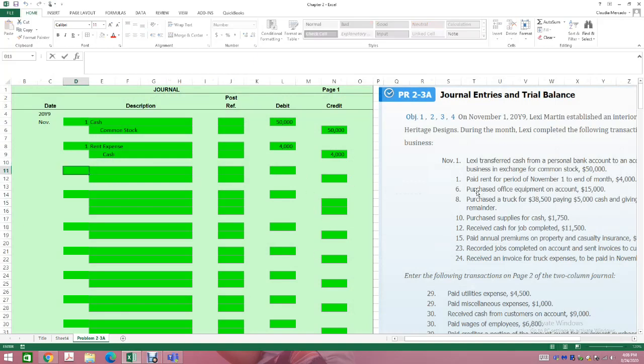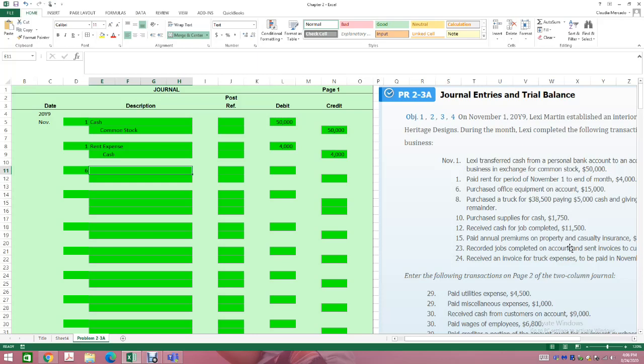On the 6th, you purchased office equipment on account, $15,000. What does that mean? That means that you bought office equipment and you're going to pay at a later point in time. You're not going to pay right now, you're going to pay next month. So you owe someone money. So, the first thing that we do, what happened?